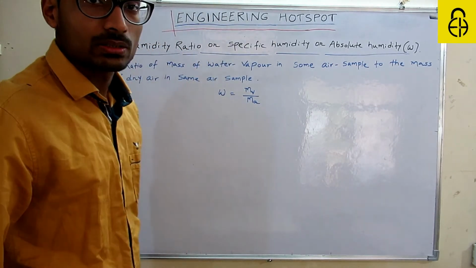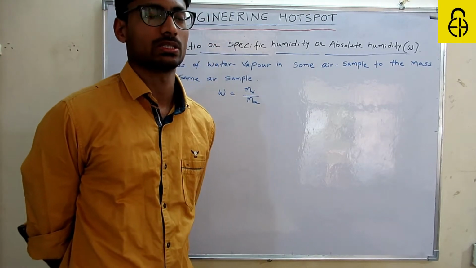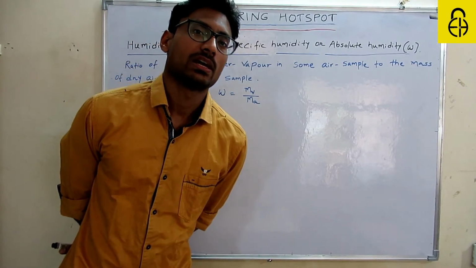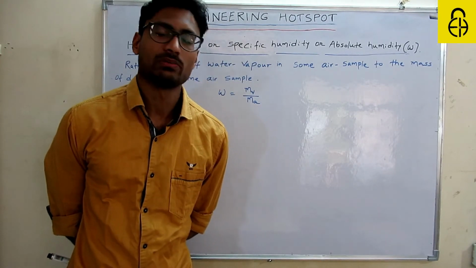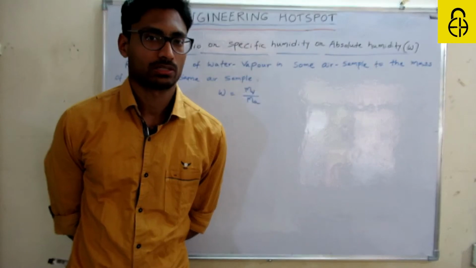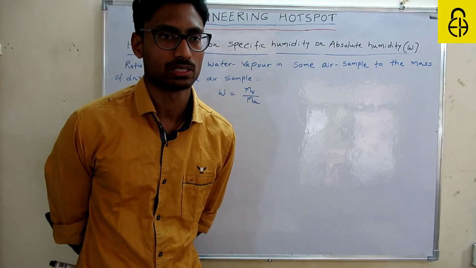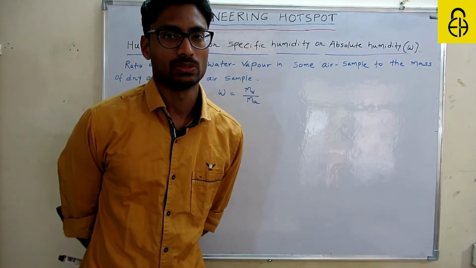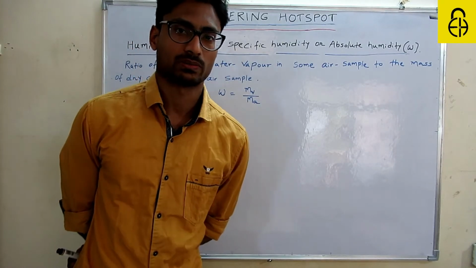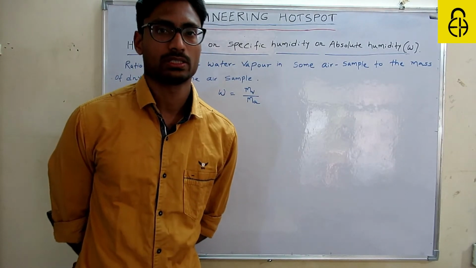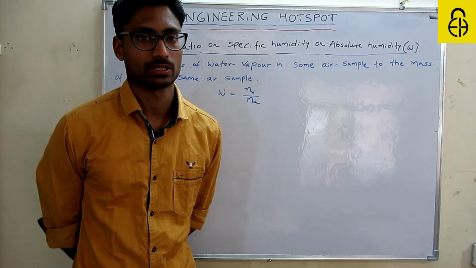You know that the air contains several things, like nitrogen, oxygen, carbon dioxide, inert gas, then dust particles and all. But when we deal with air conditioning, we have to filter the dust particles and some other poisonous gases. After that, what remains is a fixed percentage of oxygen, carbon dioxide, inert gases, nitrogen.